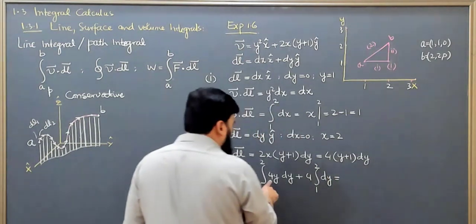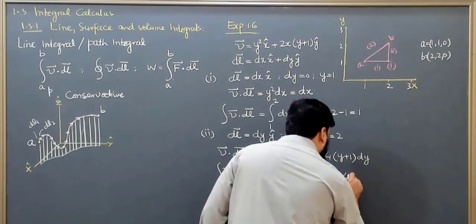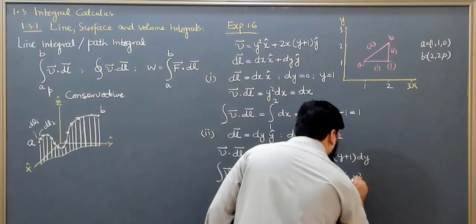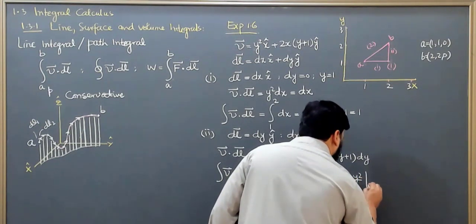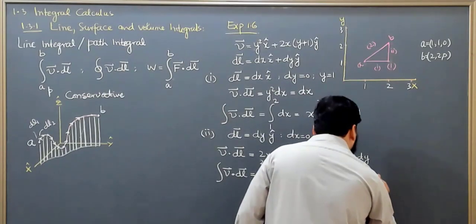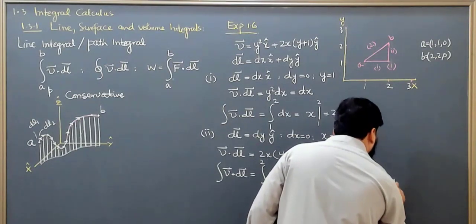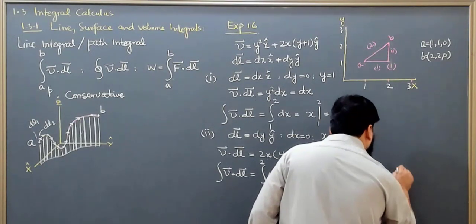What will this be equal to? It will become 4y square by 2, from 1 to 2, plus 4, and dy will become y, from 1 to 2.